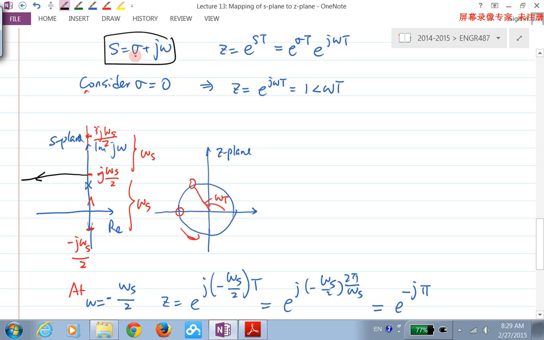So sigma is changing, and sigma is getting smaller and smaller, since it's a negative number. So this is the mapping here, and guess what happens to the magnitude? It's going to go back to 0.